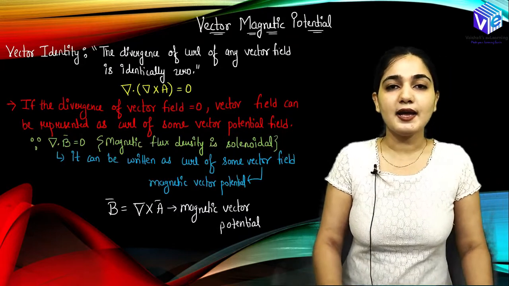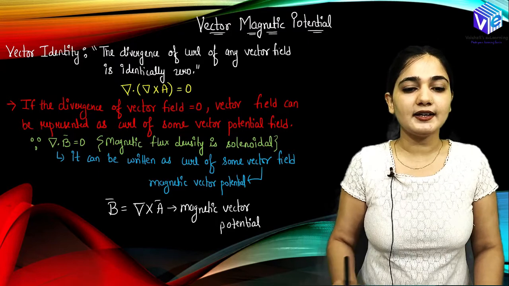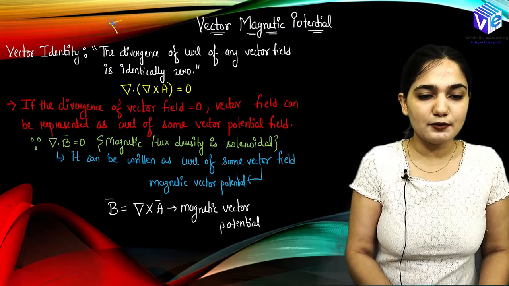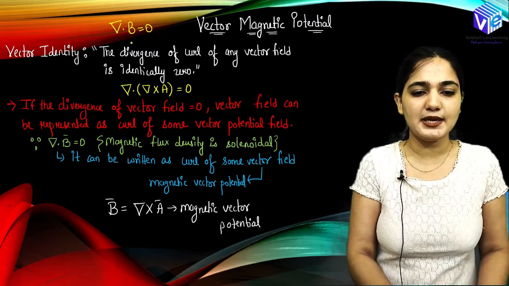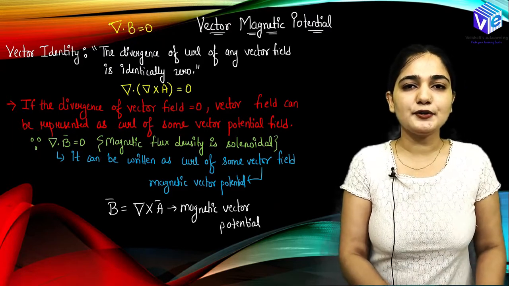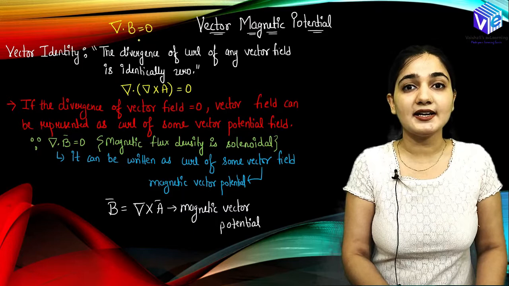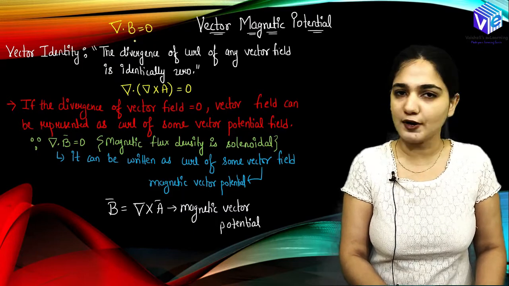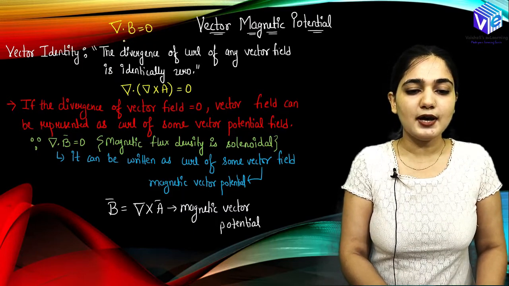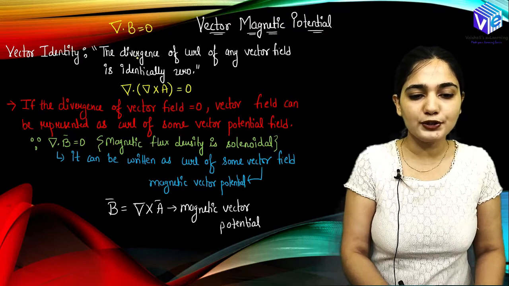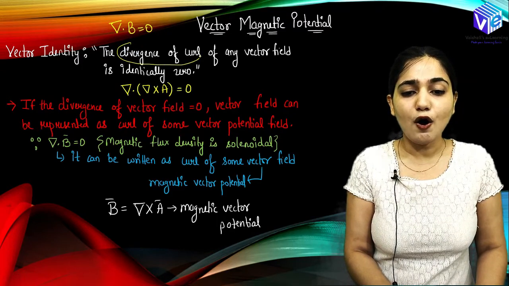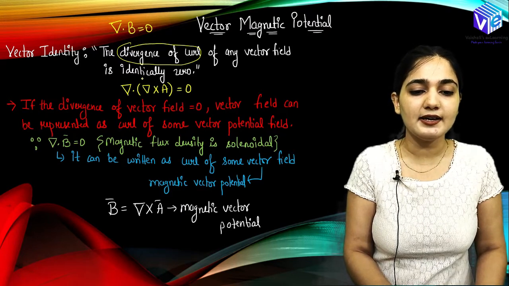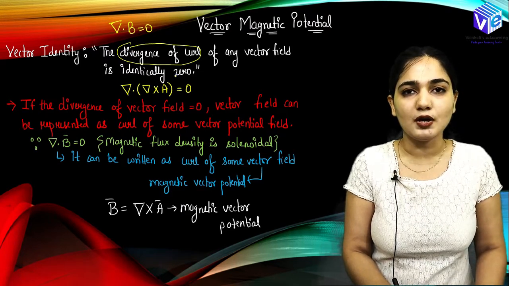We have already understood that del dot B is equal to 0. This is the equation that we already know. Del dot B is 0. I already told you this equation signifies that magnetic monopoles do not exist. Now we also know one more thing, that the divergence of the curl of any vector field is identically 0.